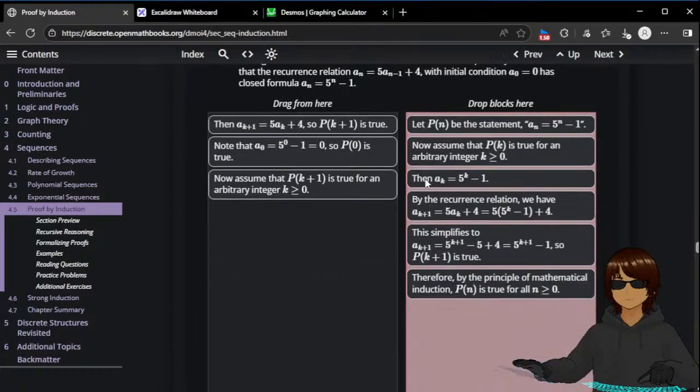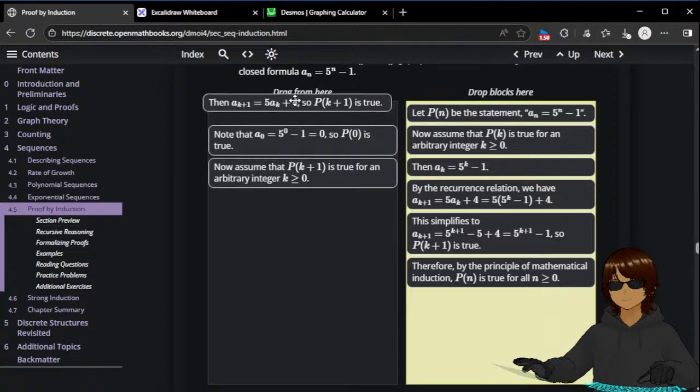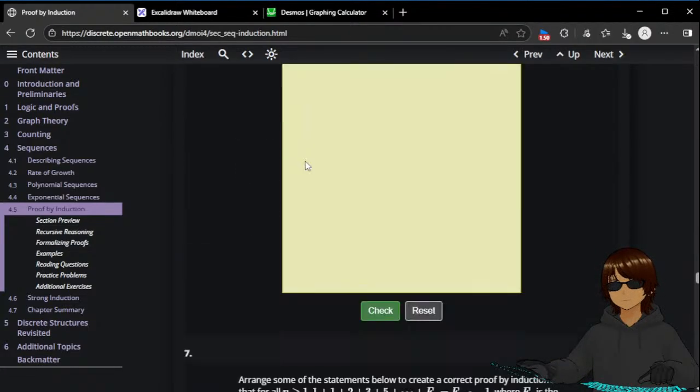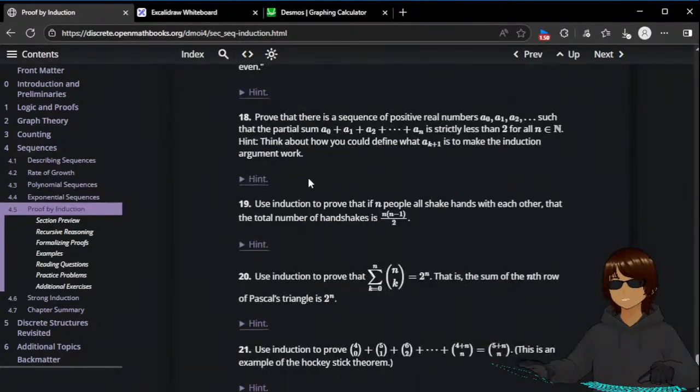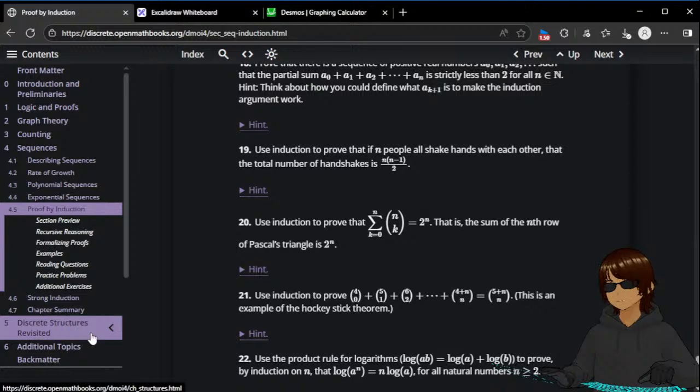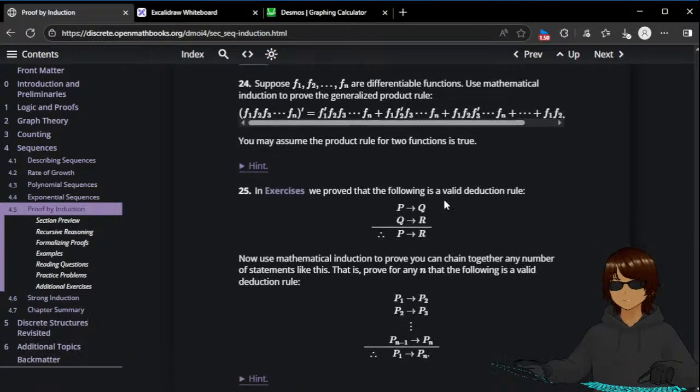What is the answer? I don't get what's wrong. We may have answers for this additional exercise. Additional. Nope, we don't.